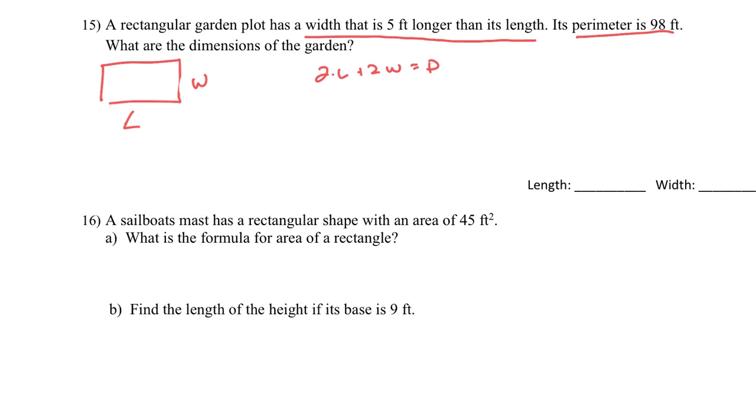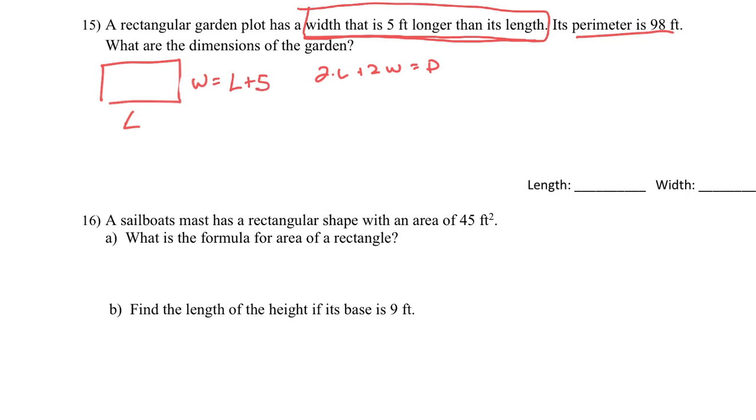And it just so happens it says it has a width that is 5 feet longer than its length. So the width is 5 feet longer than the length. So L plus 5.